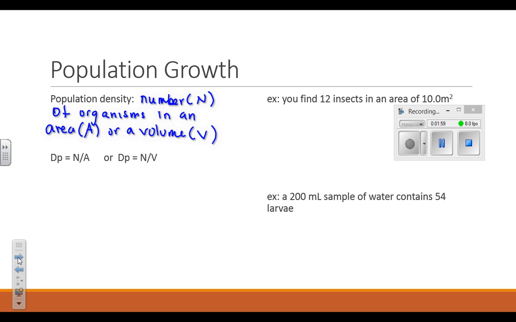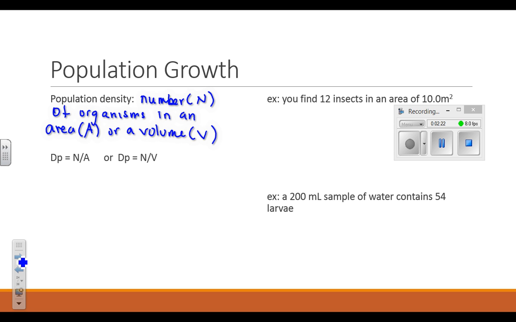So it says population density, number n of organisms in an area, A, or a volume, V. All right, so you have two different versions of the formula that you could possibly use. One is where you take the number of organisms, n, and divide it by an area.